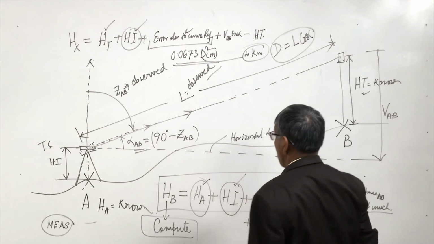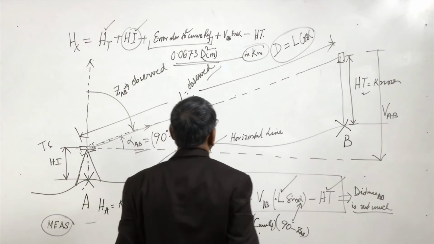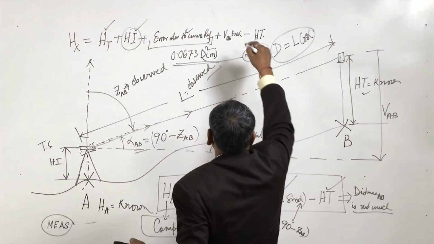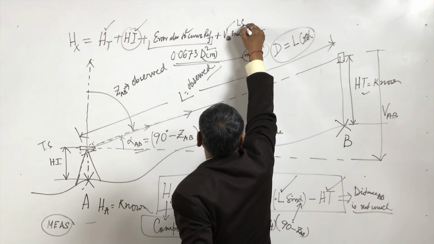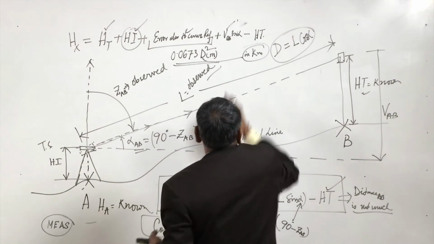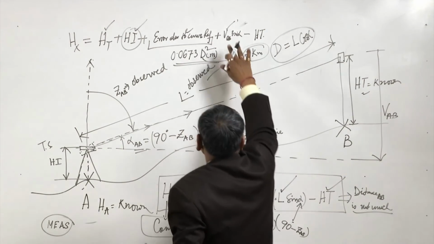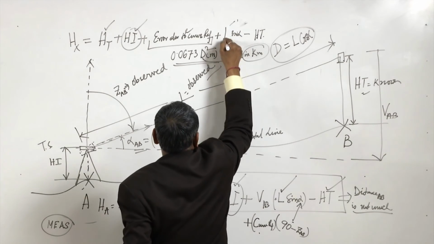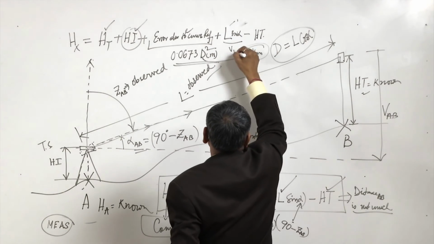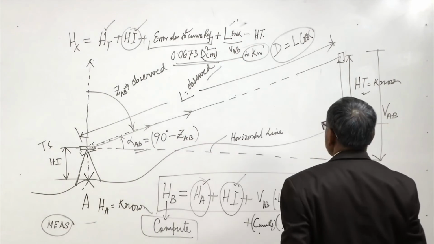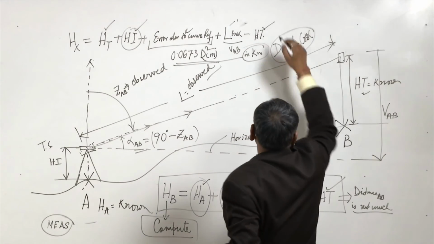So, we know the horizontal distance between the two stations. So, it is known. Sorry, this is not BAB, this is L sin alpha. So, this is VAB. This is also known, and the height of the target is also known.